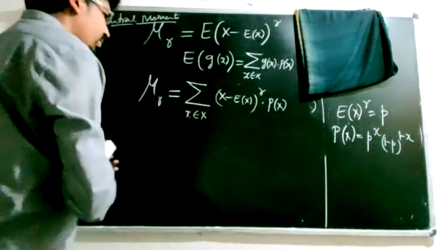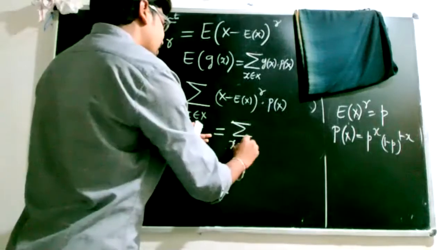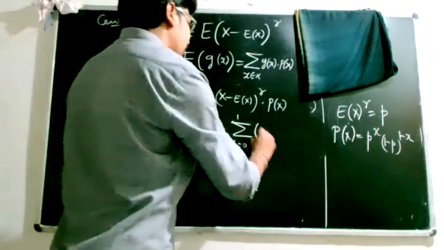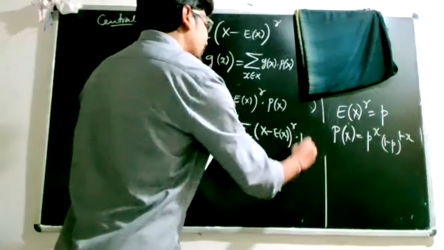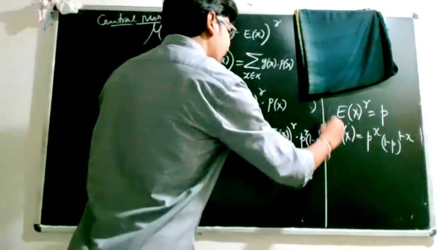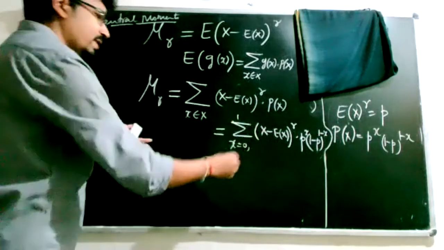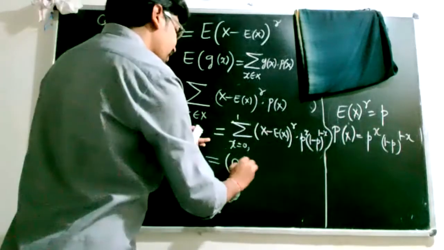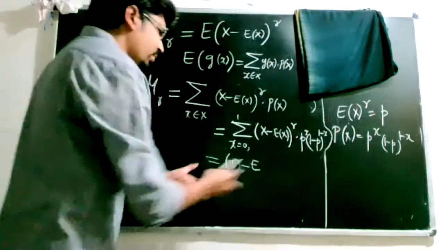So mu r simply becomes summation of x equals 0 to 1 of x minus e of x to the power of r into p to the power of x, 1 minus p to the power of 1 minus x. Now substitute x is equal to 0 first. So we'll have 0 minus e of x, and e of x is equal to p.